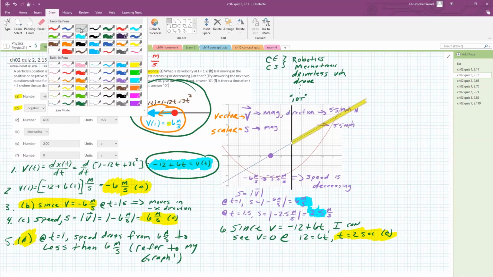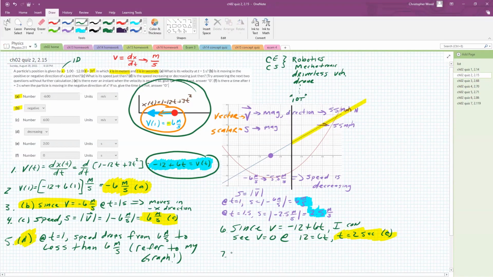So how can we say that in exam ready format? So this is part F. Part F says, I'll say the same thing, since v equals minus 12 plus 6t, and referring to graph, the answer is no. Refer to graph.